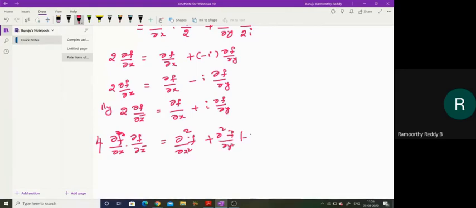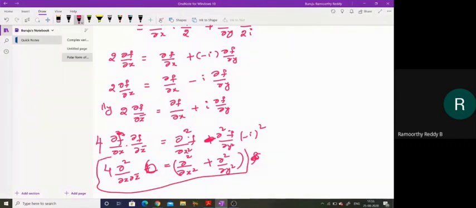Minus i whole square is i square, which is minus 1. Minus and minus is plus. So it is dou square by dou x square plus dou square by dou y square into f, equals 4 dou square f by dou z dou z bar. So this f gets cancelled. This is our result.